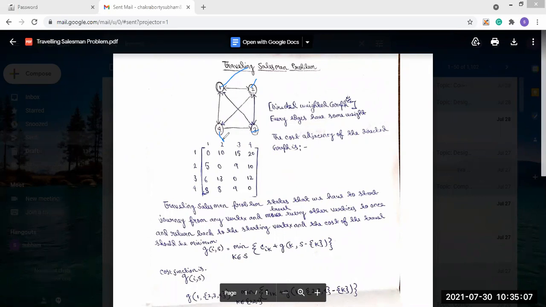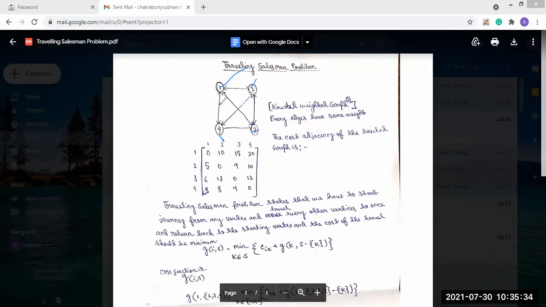Now here you see there are 4 vertices present: 1, 2, 3, and 4. All are connected to each other, and it is a directed graph. What is a directed graph? Direction is present: from 1 to 2, and then from 2 to 1, so both directions are given.